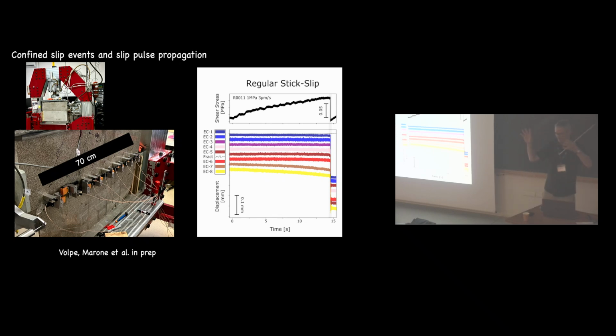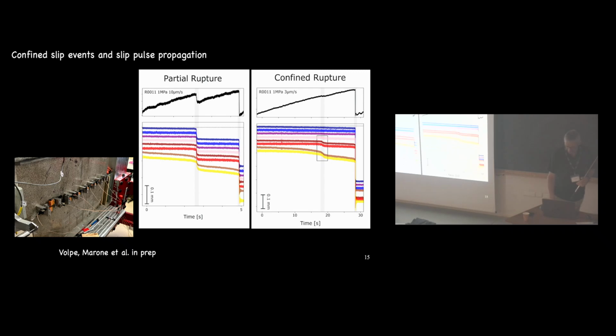So I'm simply showing you a range of things that can happen. And then I want to talk about the physics of why it happens. So we have partial ruptures, that we already showed you. And there are also examples of confined ruptures. You basically don't see much at all. This is the macroscopic average shear stress on the fault surface. So this is measured with a load cell that's measuring how much force it takes to push that block relative to this.